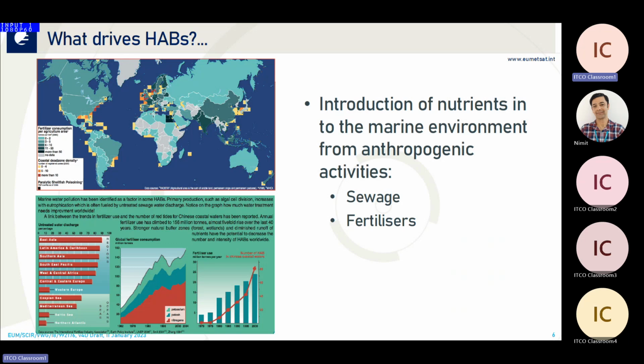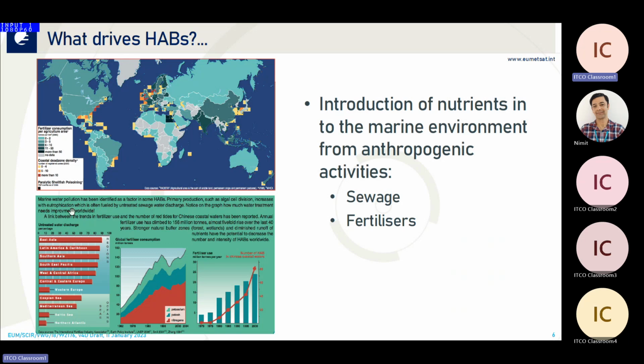For instance, with the waters that arrive to the coast from our sewage systems, or because of the increased land dedicated to agriculture that carries a lot of fertilizers into the coastal waters too. And I wanted to read here in this slide.